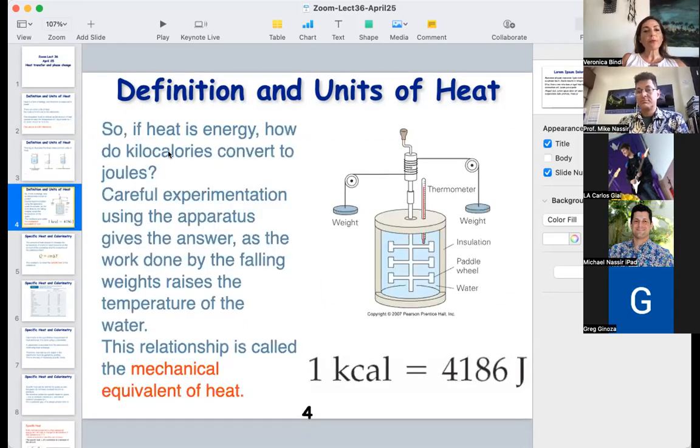So if it is energy, how do calories convert to joules? This is important. We have that 1 kilocalorie is equal to 4,186 joules. And this is also an experiment that was used to find this correspondence.